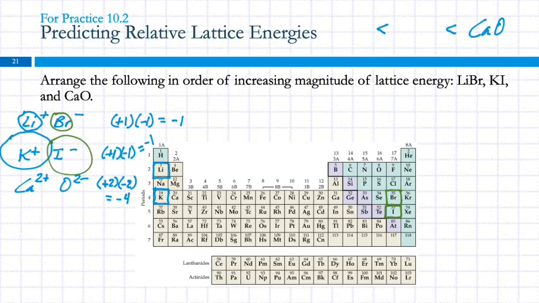Who can get closer together? The small ones, right? Because these guys can get closer together, the attraction is greater, and the lattice energy is larger. So lithium bromide is in the middle here, and the potassium iodide would have the smallest lattice energy.